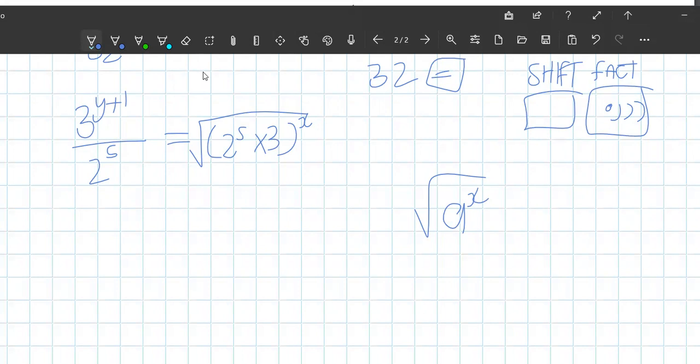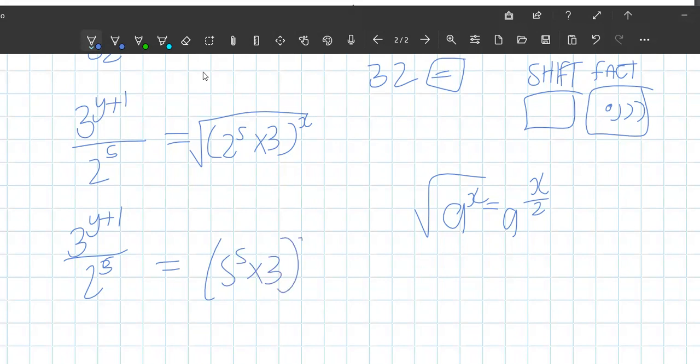We'll end up with x over 2 as our fraction form. So bringing this down, let's take this slowly. So this is still there, but now this is all raised to the power of a half.